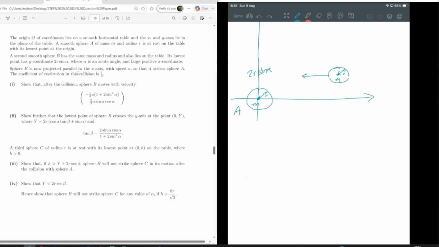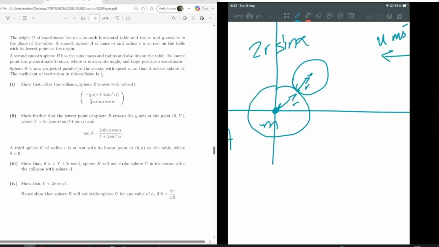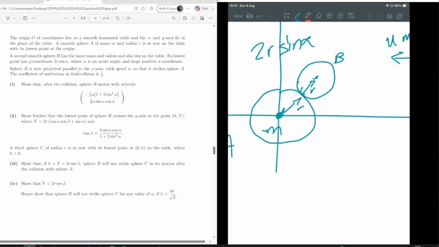Sphere B is now projected parallel to the x-axis with a speed of u, so that it strikes sphere A. So it's going to hit sphere A at some position here, and actually, because I can line the radii up like this, I believe, and I'm going to check this, that this angle here will be alpha.